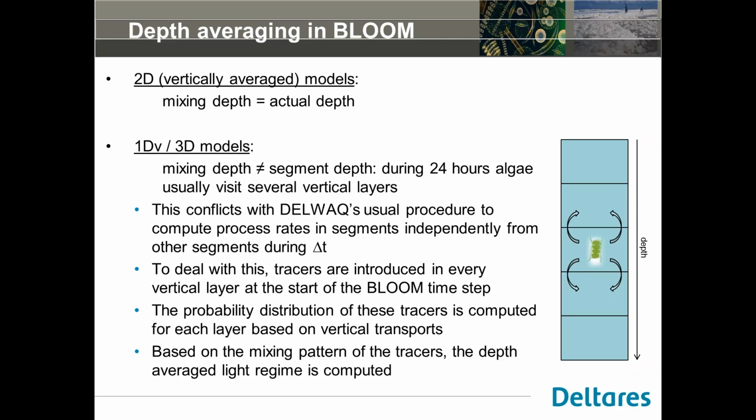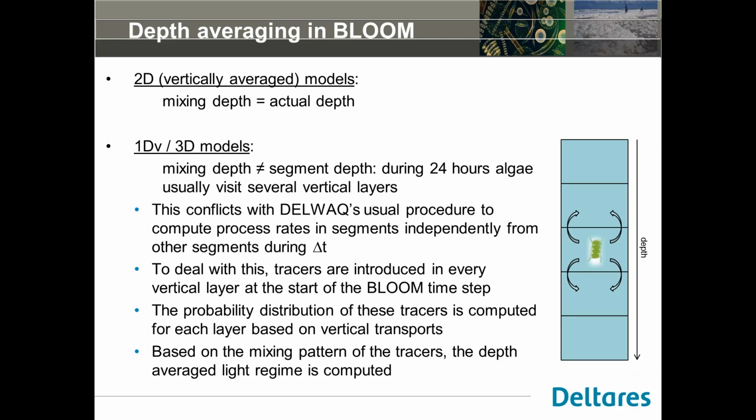In plain English, this means that during a 24-hour period, algae usually visit different vertical layers in the model. This conflicts with Delwaq's usual procedure to compute process rates in segments independently from other segments during a time step of delta t.